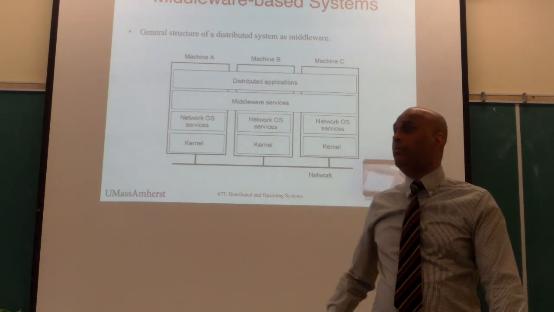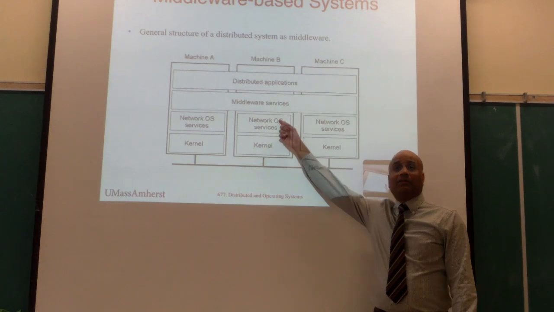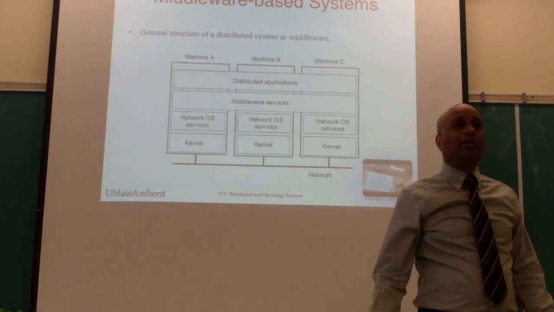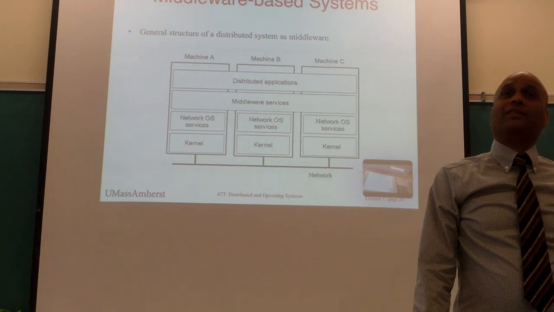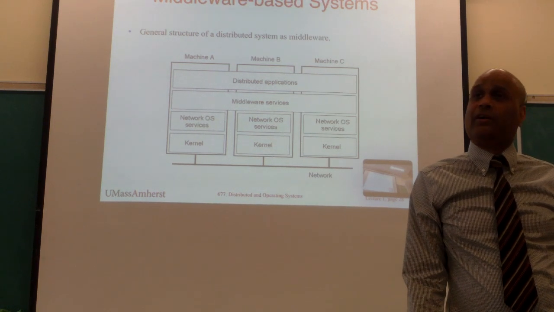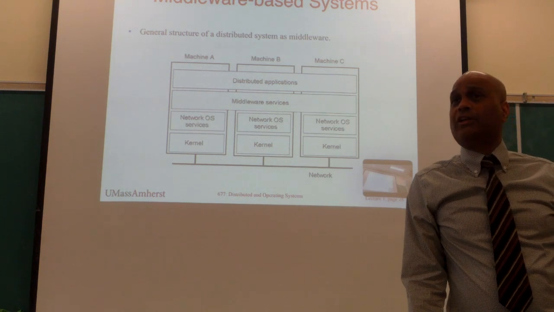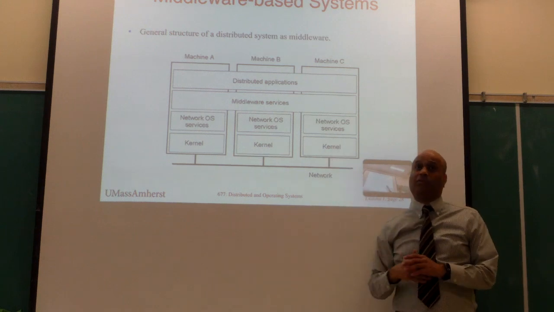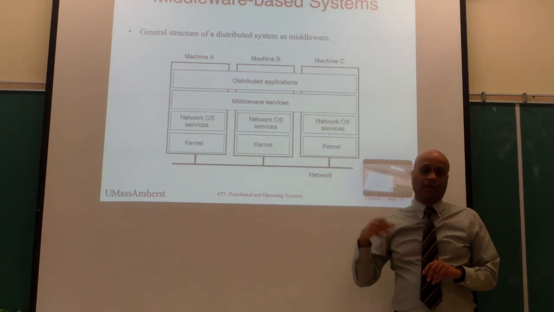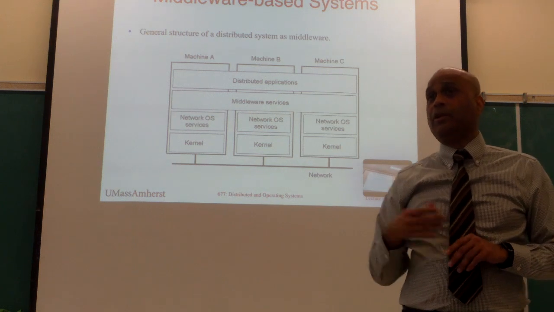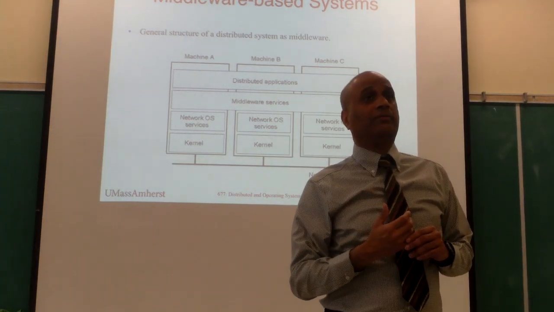There are many middleware services that are not in the operating system. That's a software service that runs on each machine and provides similar abstractions to what distributed operating systems provided us. So you get some of that benefit back without having to make the operating system more complicated. And towards the end of the class, we'll talk about distributed middleware, which will allow us to do some of this.